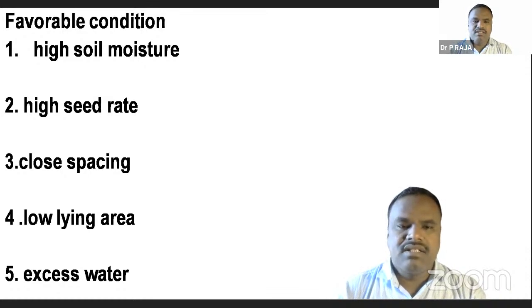And then close spacing. When you sow the seeds close together, they will have contact, and then it causes damping off. And then a high seed rate. If the recommended seed rate is 100 gram per meter square, you have to maintain that quantity.